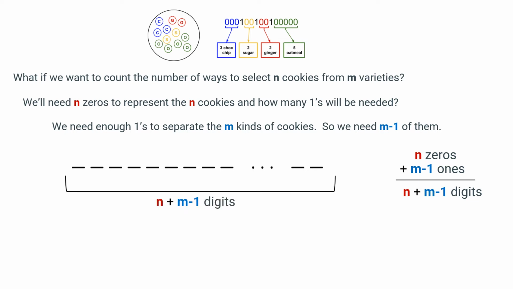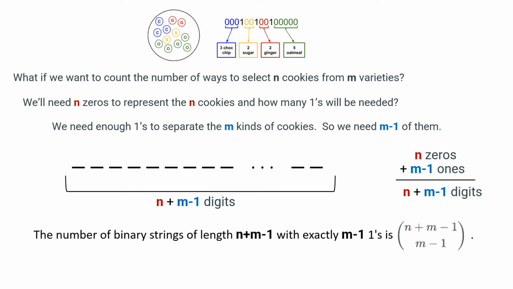So n plus m minus 1 digits, but remember we're placing m minus 1 ones. So we're saying how many different ways can we place these ones in this certain length code word, and remember there's m minus 1 of them. The way we would find that is taking the length of that code word, which is n plus m minus 1, and choosing m minus 1, because we have m minus 1 ones to distribute in there.